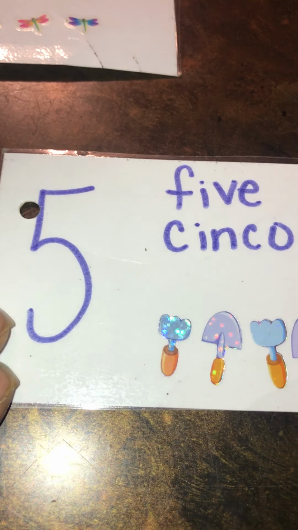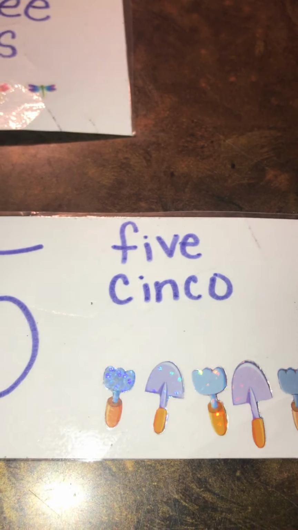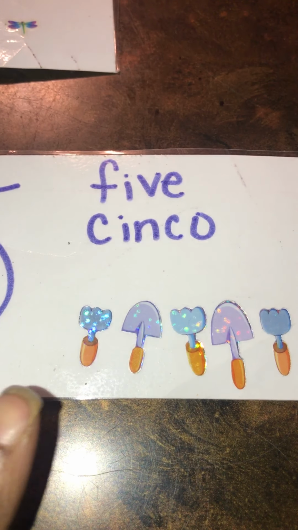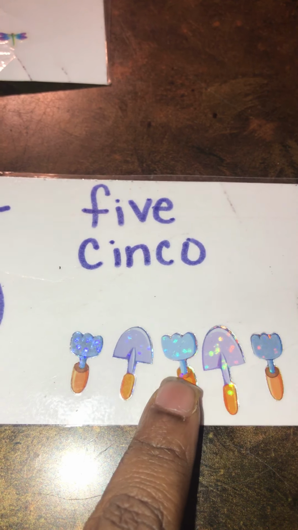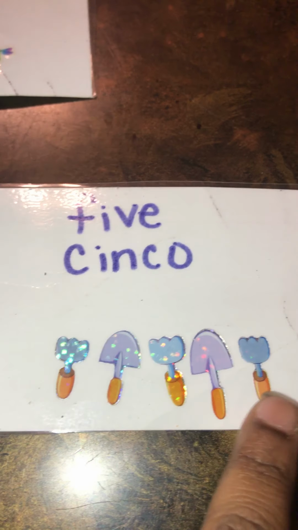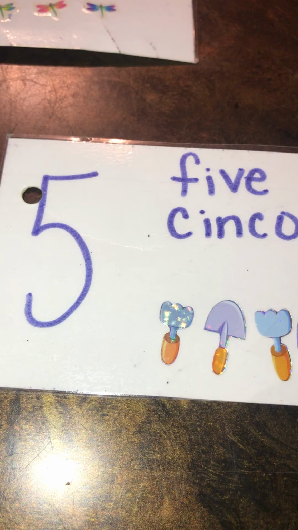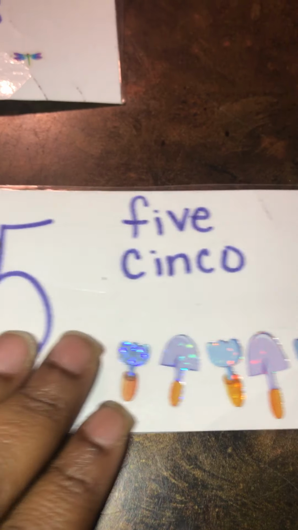And this is our number 5. 5 we spell F-I-V-E, and that's cinco in Spanish, and let's count our shovels and rakes. 1, 2, 3, 4, 5. That is the number 5. So those are the 5 numbers that we're going to work with today.